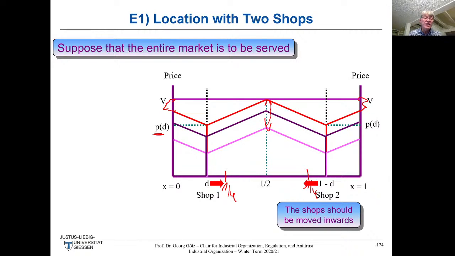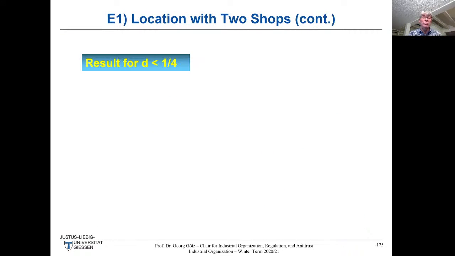What you can already see here, what might give you an idea, is that if we move closer to the center, we reduce this consumer surplus up here from the people at the edges, and therefore can at the same time increase the price for the consumer here at the center without losing this consumer.